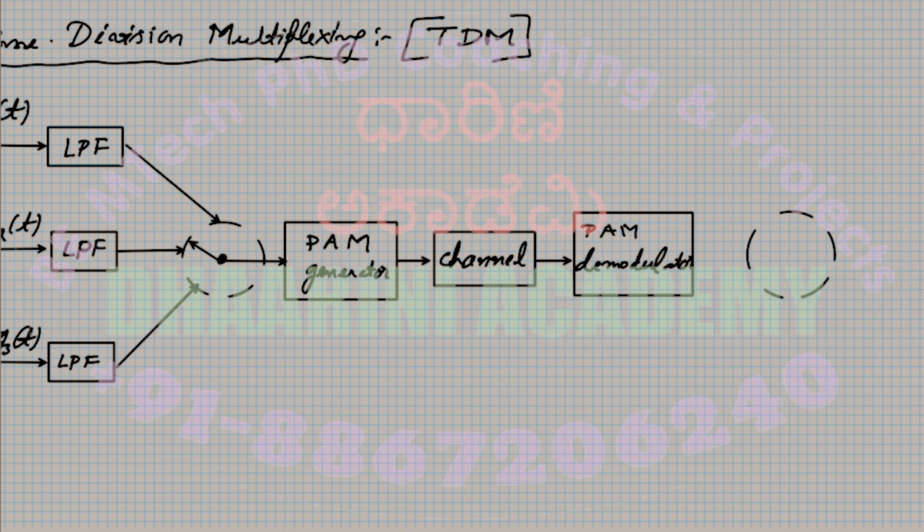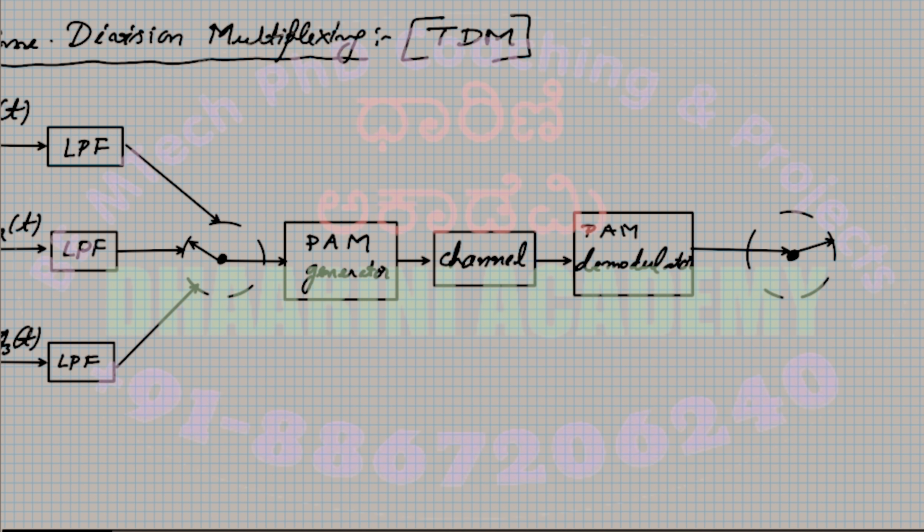Let's assume like this. Now, since the message is coming from a source that corresponds to the second message, I will connect this to the second message delivery system. Okay, so this is how I'll show the connection.